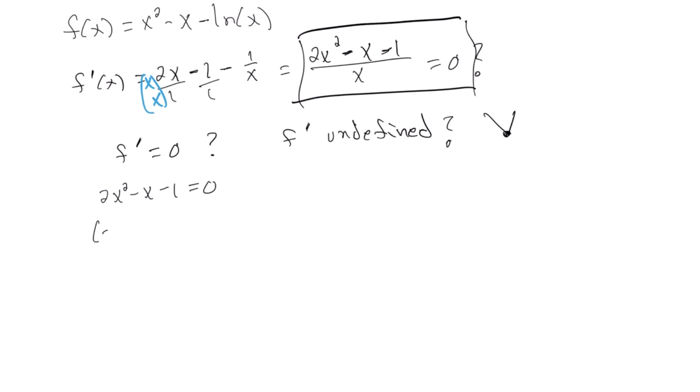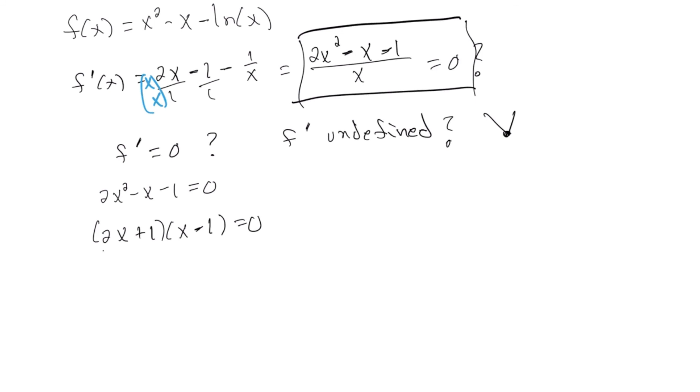Now let's see if this factors. If this doesn't factor, we're going to use the quadratic formula. I think this is going to factor. Let's see if that works. So 2x times x would be 2x squared. Outside would be minus 2x. Inside would be plus x. That would give me my middle term of negative x. And then the last positive 1 times negative 1 would give me my constant term of minus 1 there.